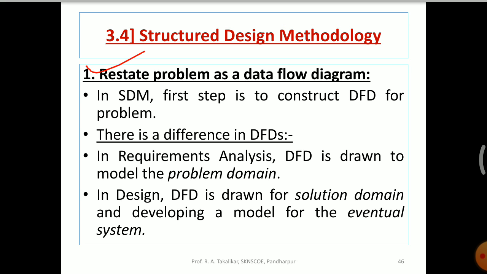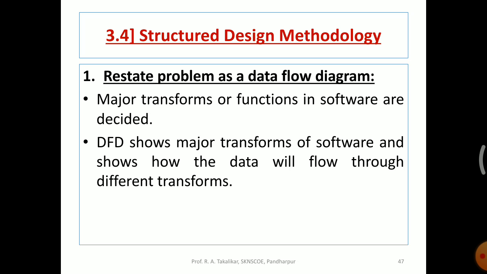How to do this? Let us take an example. So the major transforms or functions in the software are decided, means you have to understand which are the major functions or modules in the software. Identify them. Decide that these are the major important modules or transforms or functions.